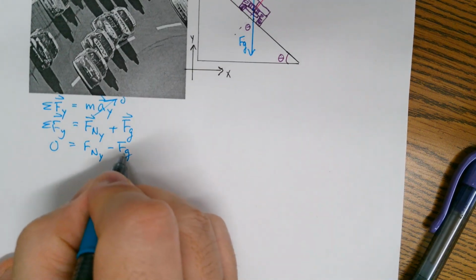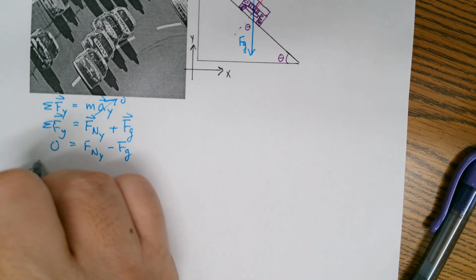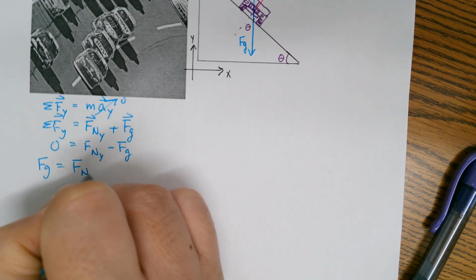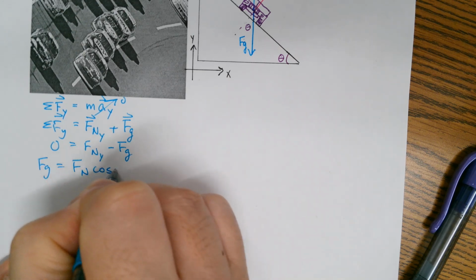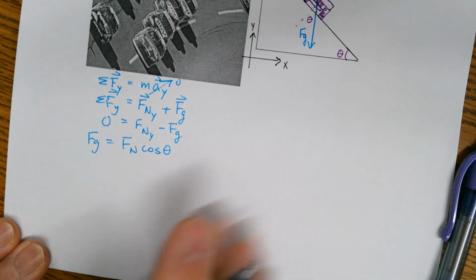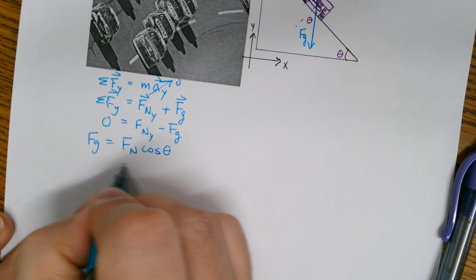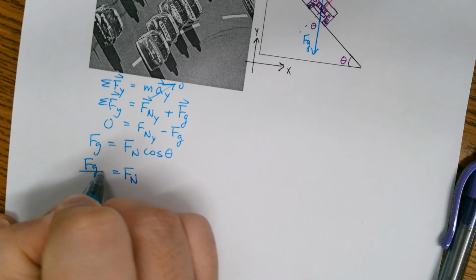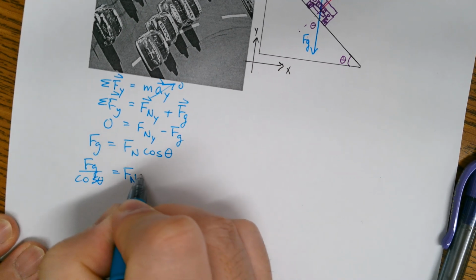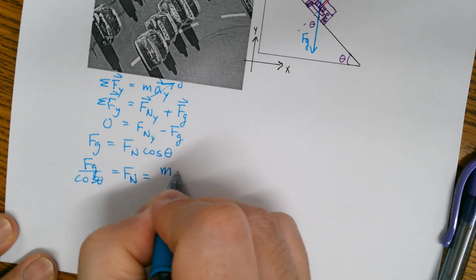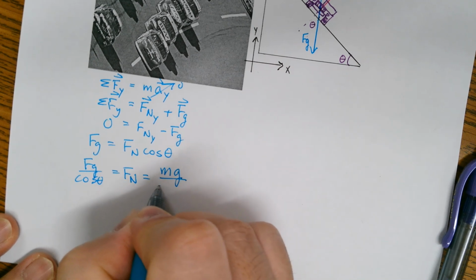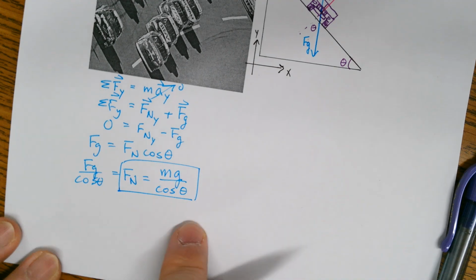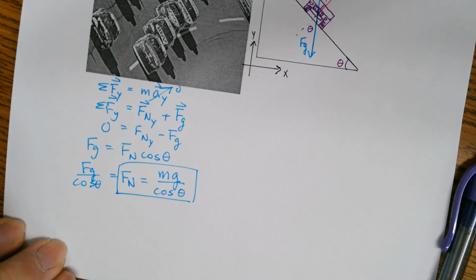Therefore, if we bring this to the other side, we get positive F_g is equal to F_n cosine theta. So if we solve for F_n, F_n is equal to F_g over cosine theta, and that is exactly the same as m times g over cosine theta. Well, that's good to know, right?